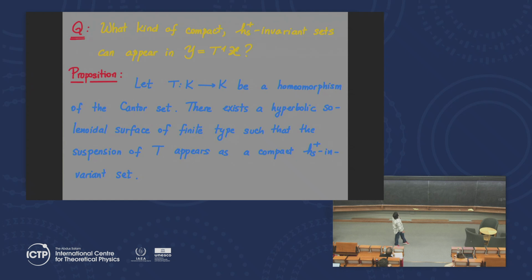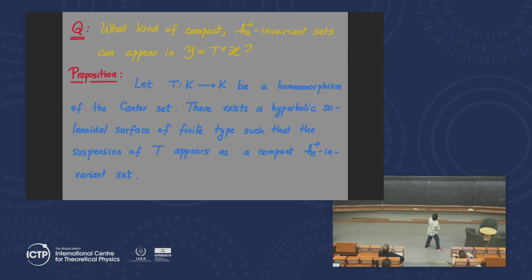And in fact, we have the following. Take the Cantor set, and your favorite homeomorphism of the Cantor set. Now, take the suspension of this homeomorphism, and I can give you a hyperbolic solenoidal surface of finite type that has this flow, which is a suspension of your favorite homeomorphism of the Cantor set, embedded as an invariant set for the horocycle flow.